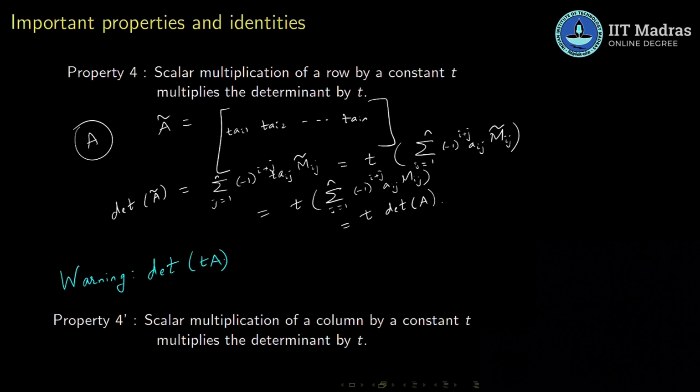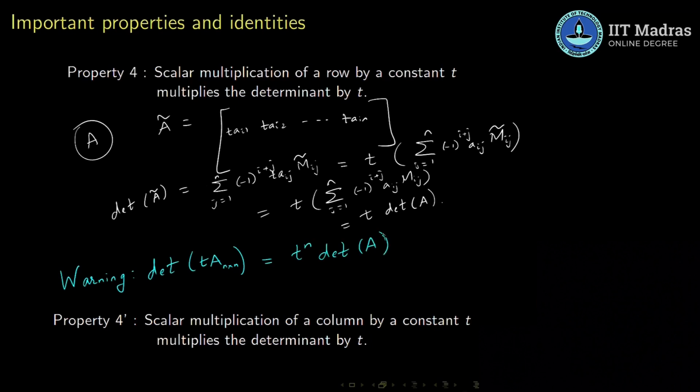Okay, so if you do that, and this is an n by n matrix, then this is like multiplying not just one particular row or one particular column by t, but every row or every column by t. So you will pick up a t in the determinant from each row. So what you will get is t to the power n times determinant of A.